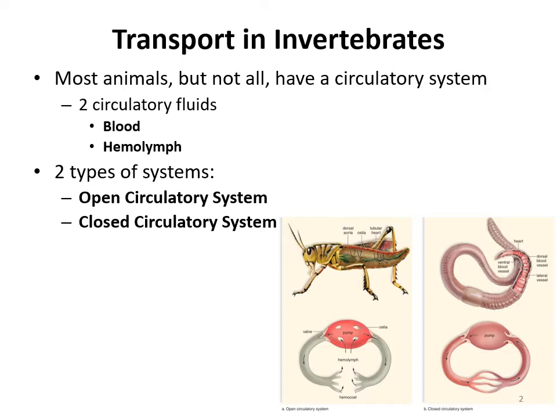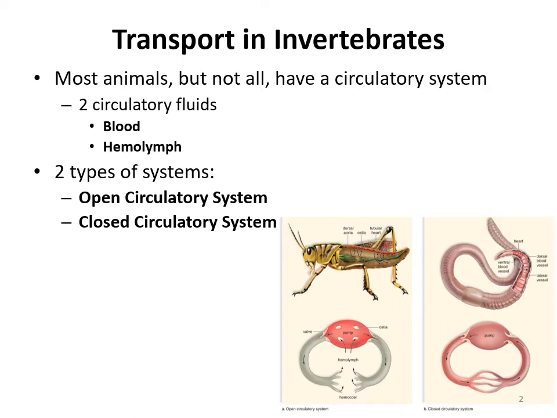Then once the blood has gone around this systemic route, meaning the body system, it returns to the heart again through other blood vessels. So it's closed off. It's never just pooling in any cavity. It is kept in the blood vessels.